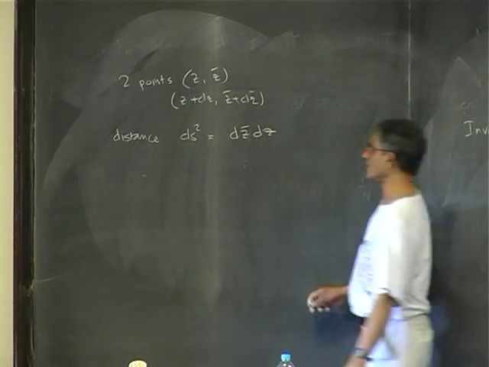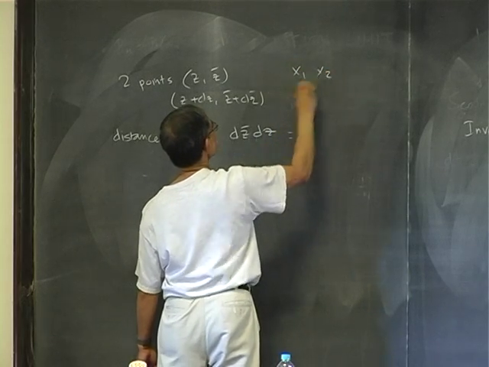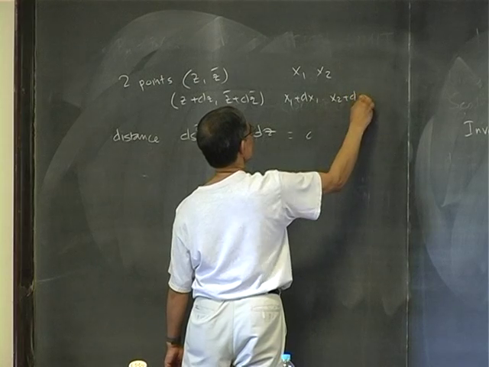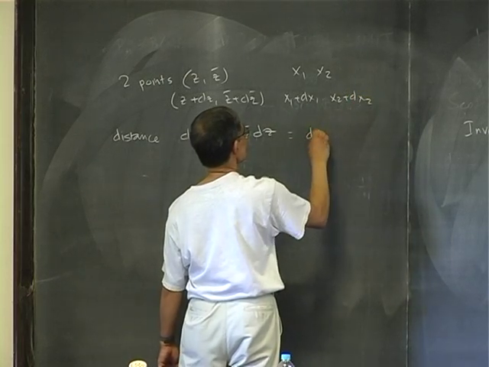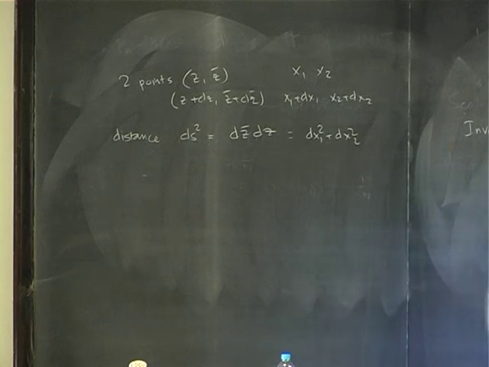This is the same as x1, x2 and x1 plus dx1, x2 plus dx2, because this is dx1 square plus dx2 square by Pythagoras theorem. Okay.